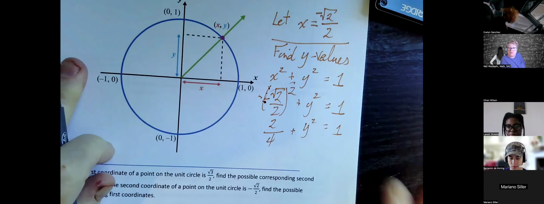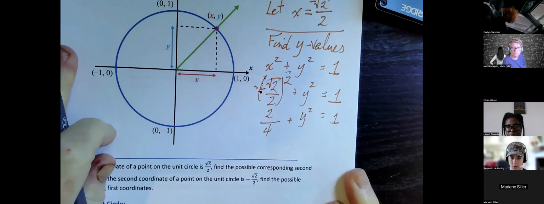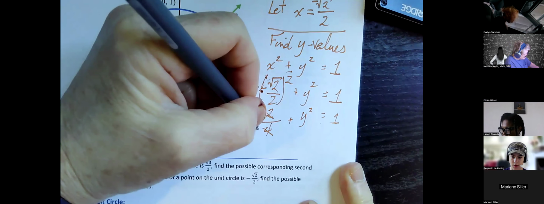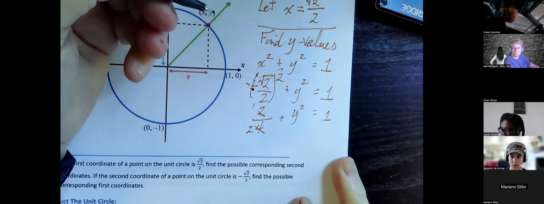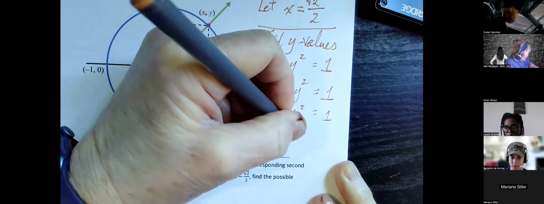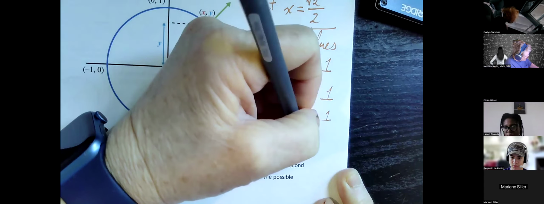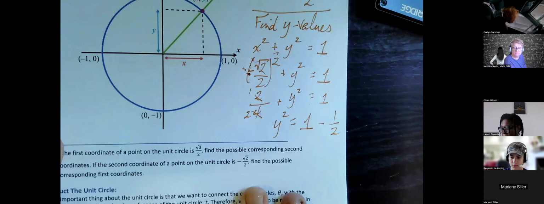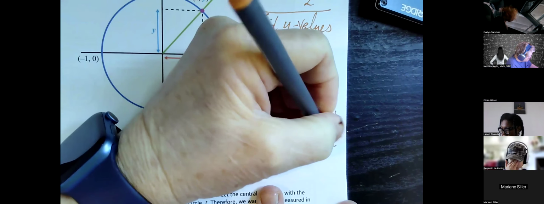So what are we going to do with that 1/2? Move it to the other side, making y by itself. Okay, good. So we've got y squared is 1 minus 1/2, which is 1/2. That's nice.